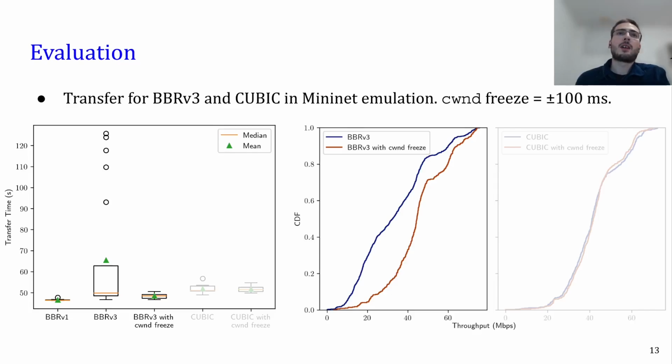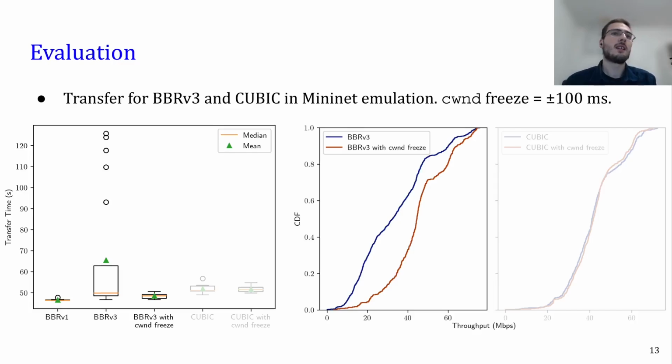Next, we look at our emulation both for BBR version 3 and QUIC, with our congestion window freeze set to plus or minus 100 milliseconds. For BBR version 3, we see that compared to the non-modified algorithm, our modification of the congestion window freeze improves both the transfer time and the variance.